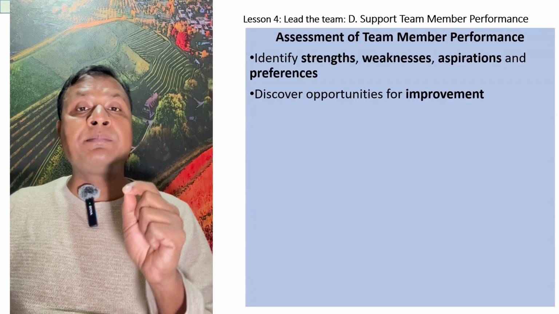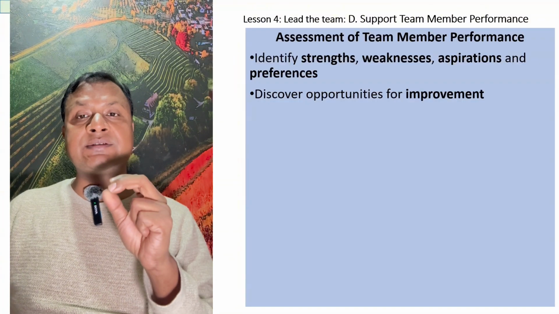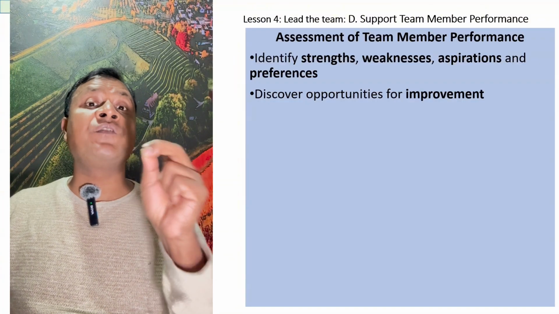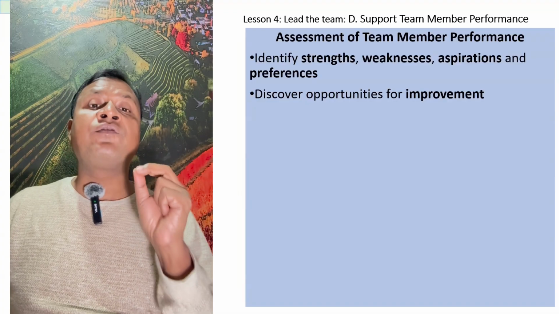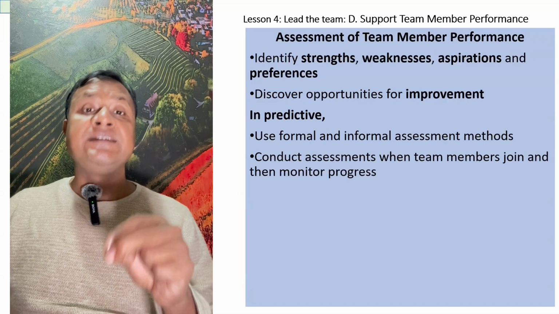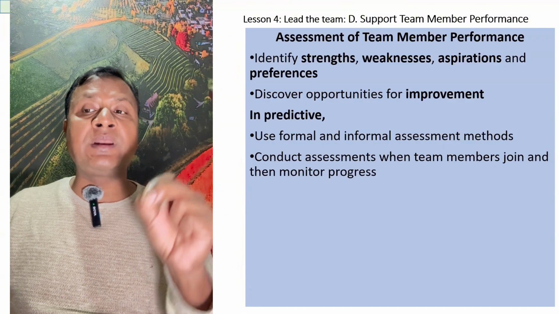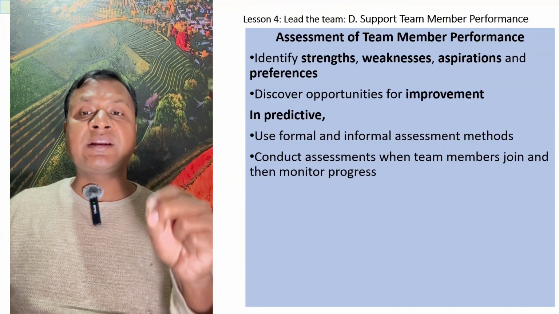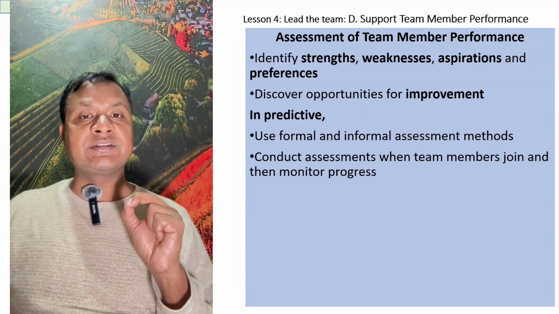To assess the team member performance, we can identify the strengths and weaknesses, aspirations and preferences of the team members, and then we can discover opportunities for improvement. In the predictive style, we can use formal or informal assessment methods. We can conduct assessments when team members join and then monitor progress.